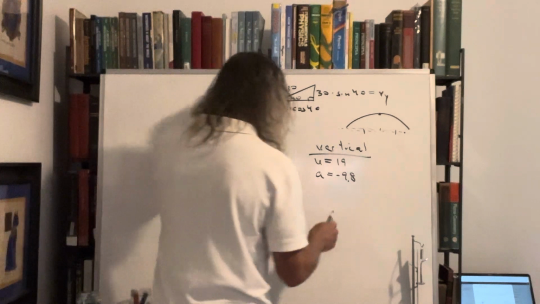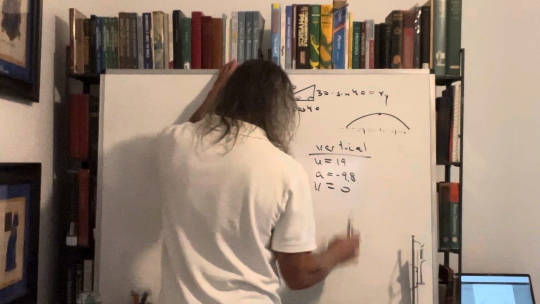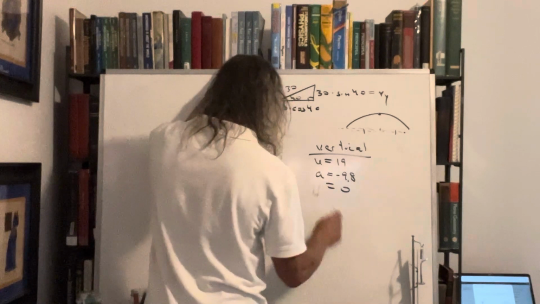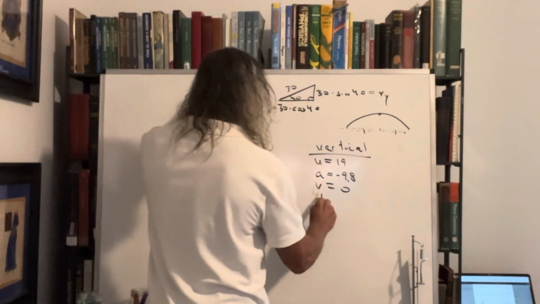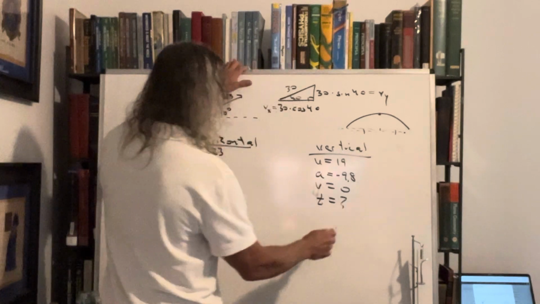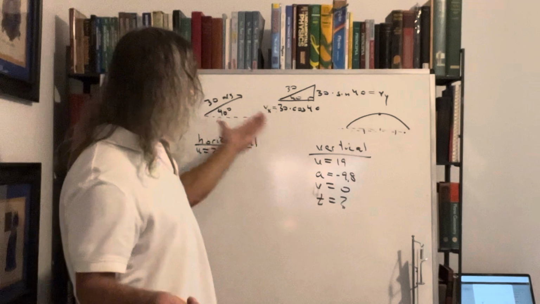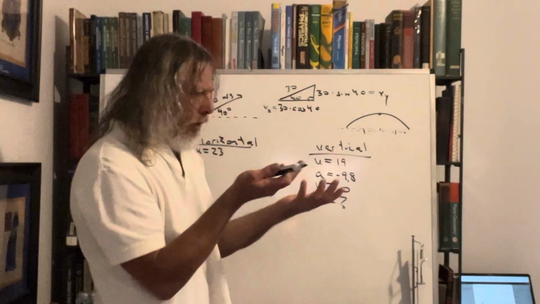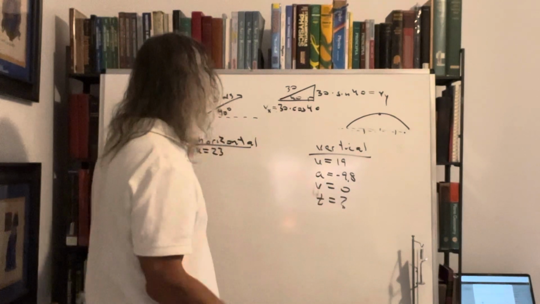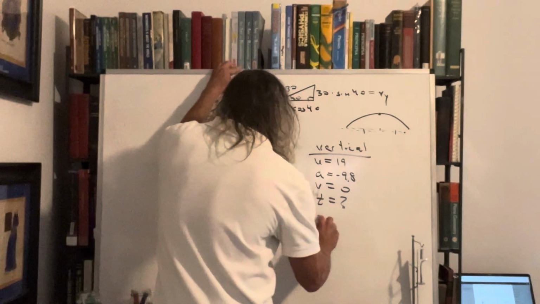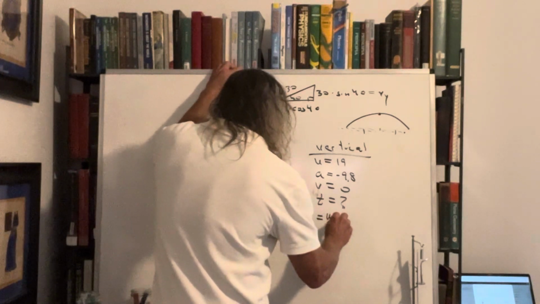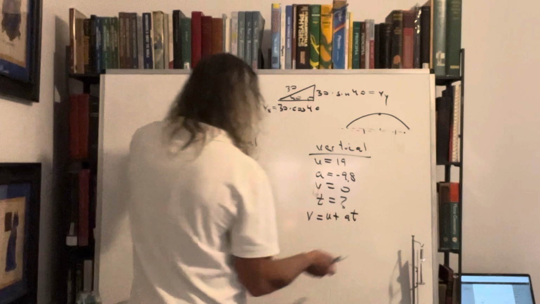I'll show you like that. So V0 and T we want to figure out. And then we do our 4 letters, figure out the equation, look at your formula or your book. The one we use is V is U plus AT.